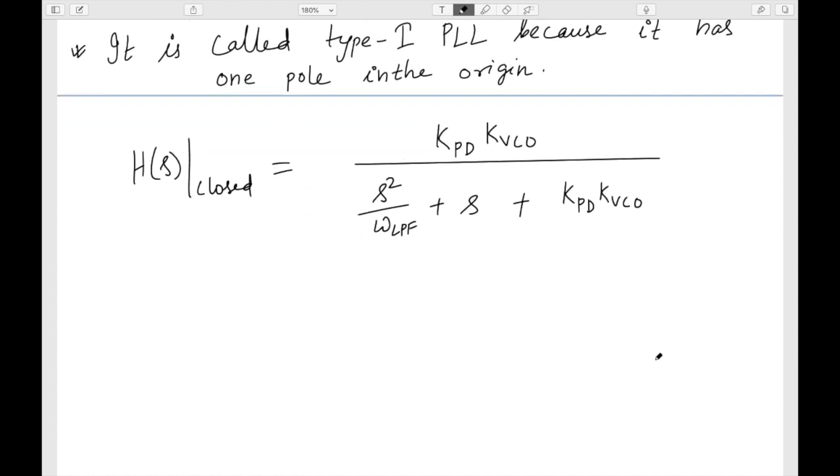Which is basically phi out by phi in. And since the phase and the omega are linearly related, the omega is basically the differentiation of the phase.